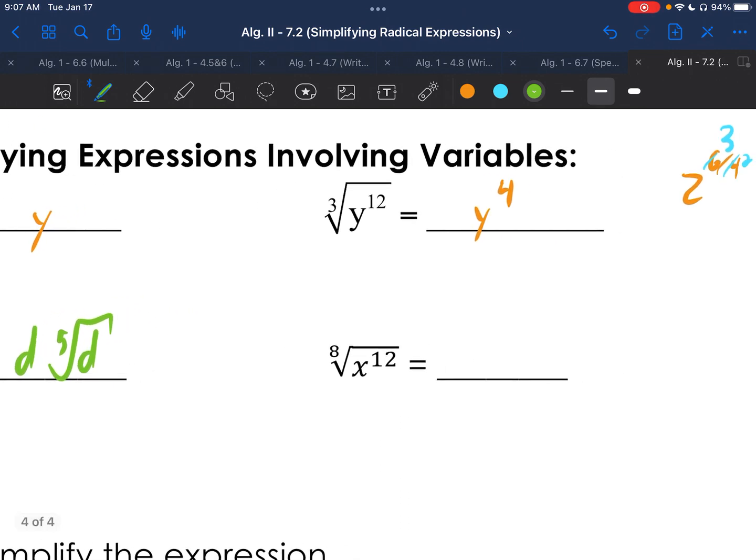So 12 over 8, I would reduce that right away and say, hey, 4 goes into both, 2 and 3. And I would encourage you to try the rest of this one on your own. Well, 2 goes into 3 once, and there's a remainder of 1. And it's just a square root, so you don't have to write the 2 as the index.